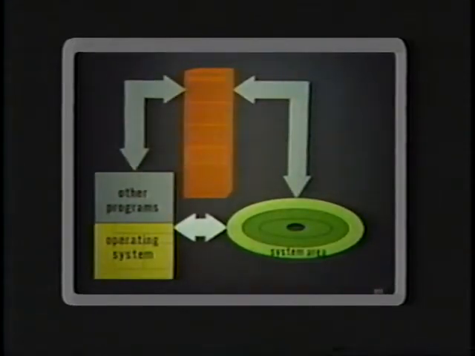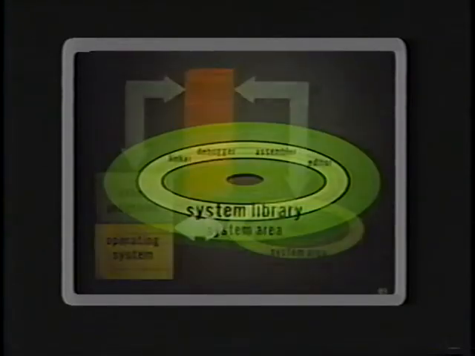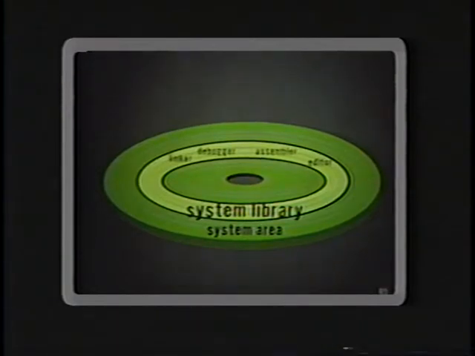A copy of the operating system is stored on the disk in a region that is sometimes called the system area. Additional space on the disk is taken up by commonly used programs, such as assemblers, compilers, editors, and so on. Typically, a collection of these programs, sometimes called the system library, is delivered with the operating system by the computer manufacturer.